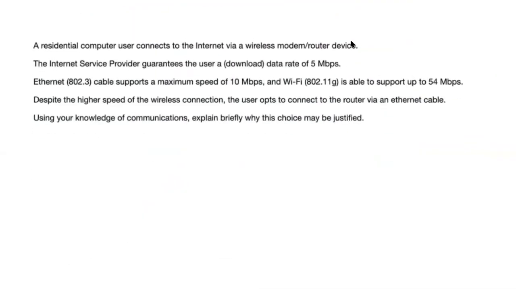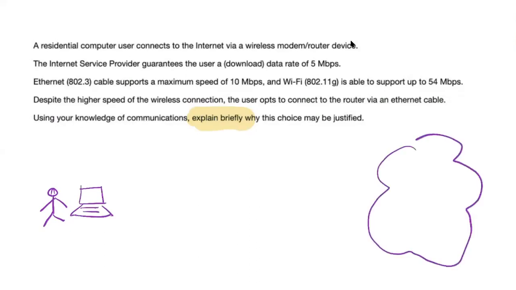Another question that asks for an explanation is this one here. And again, you need to look out for unnecessary information. So what's it describing? It's describing a residential computer user. So someone has a computer and they connect to the web.